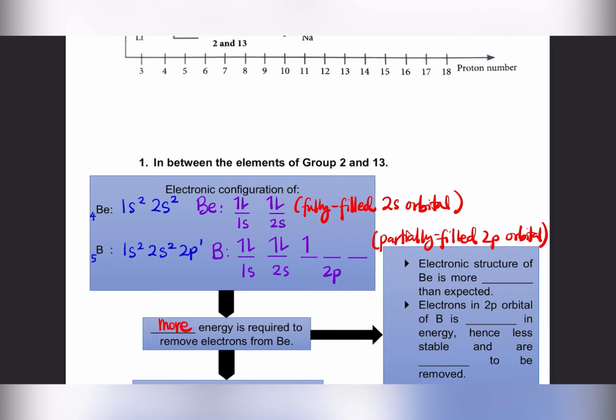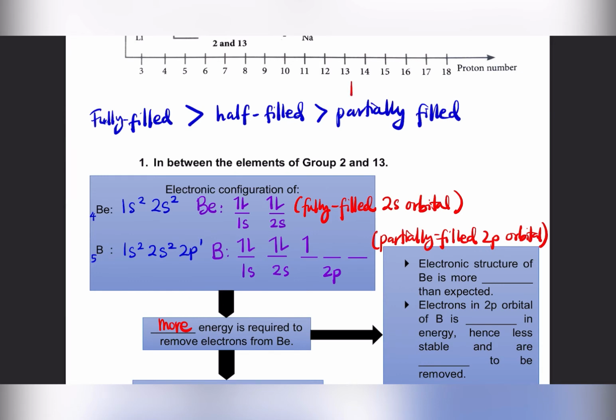So the key terms that you have to know in this case are: fully filled, which is more stable than half filled, and more stable than partially filled.